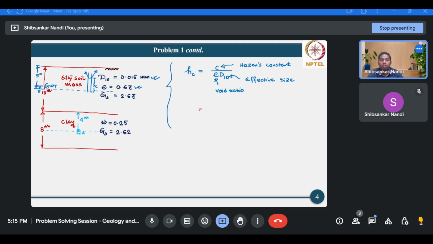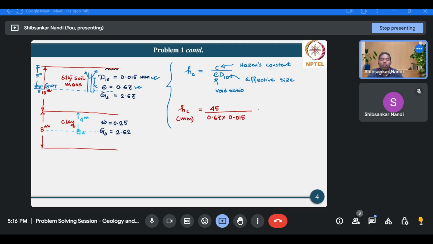So now we'll substitute these values. C is 45, e is 0.67, and the effective size of the silty soil mass is 0.015 mm. Whatever AC we get after calculating will be in millimeter.